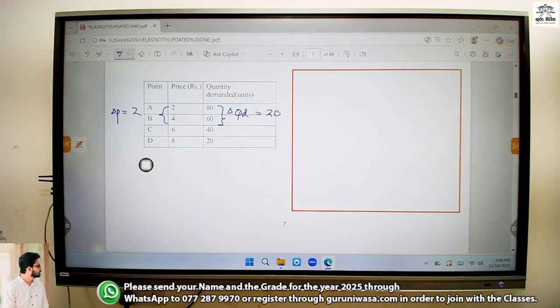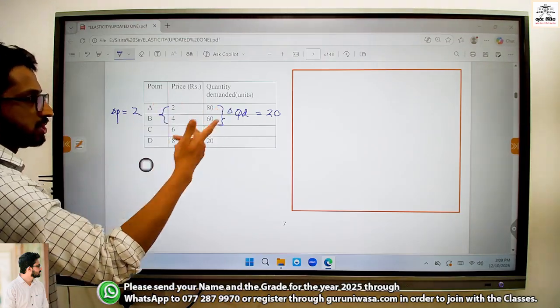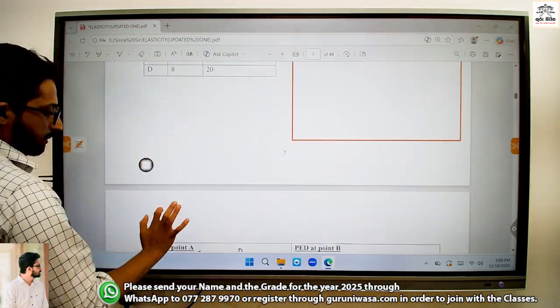So change in price is 2, change in quantity demand is 20. Now you can substitute.